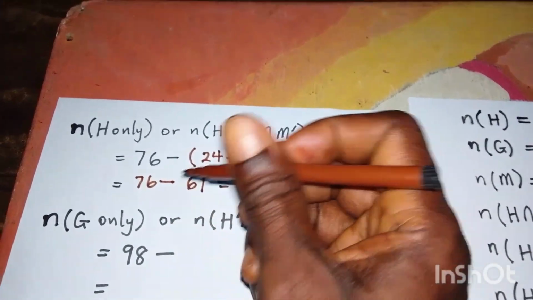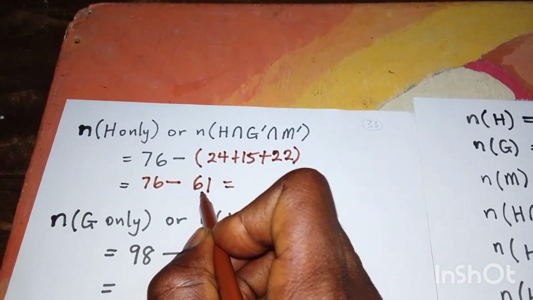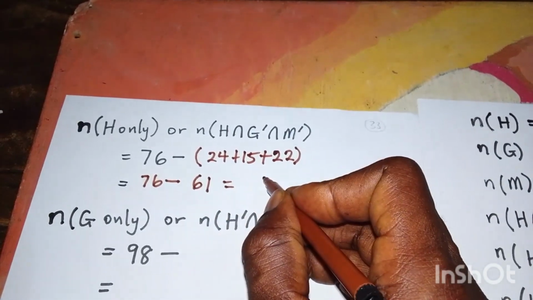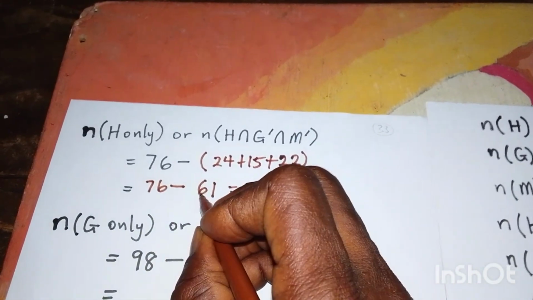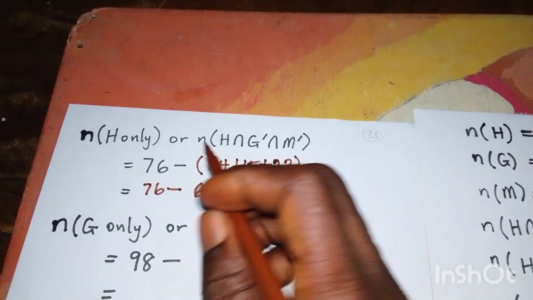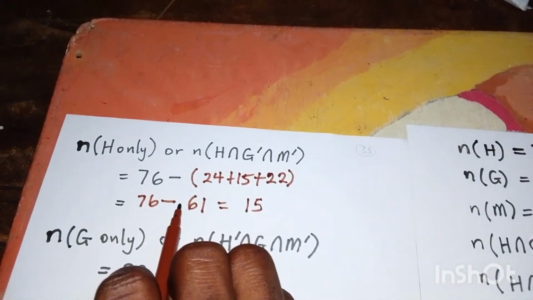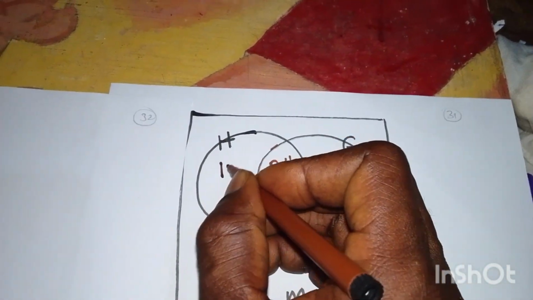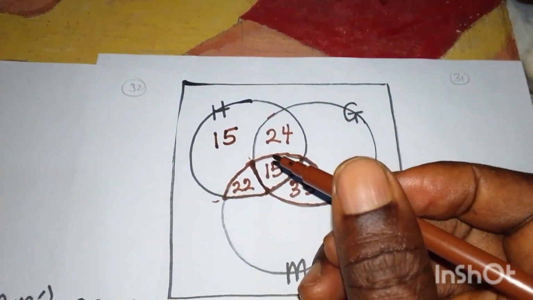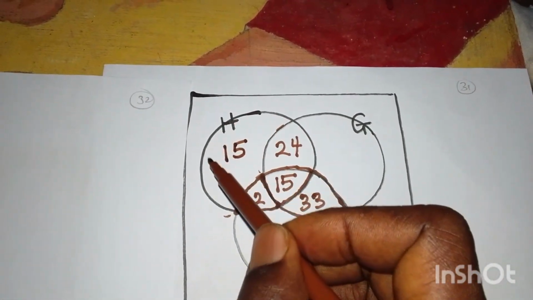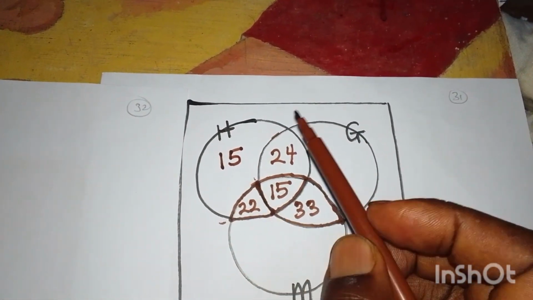So that means you'll be having 76 minus 61. 6 minus 1 is 5. 7 minus 6 is 1. So it means 15 students will like only history. You now write in this space 15 students that like only history.